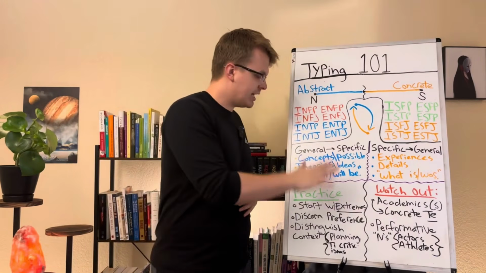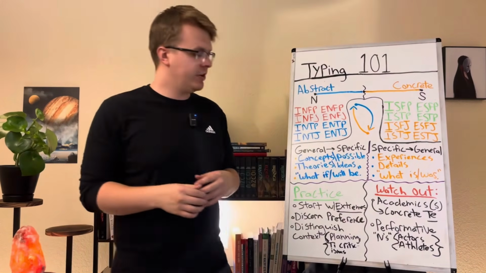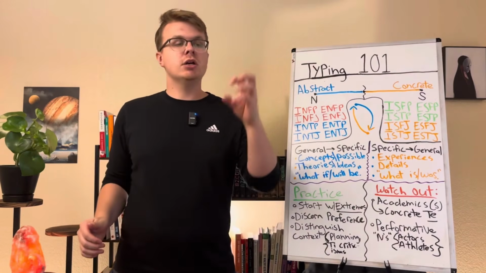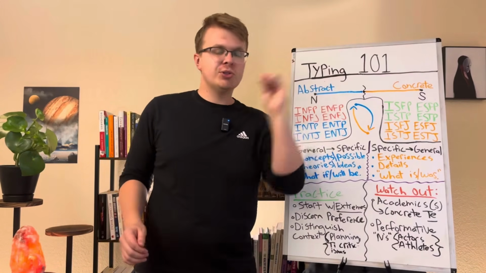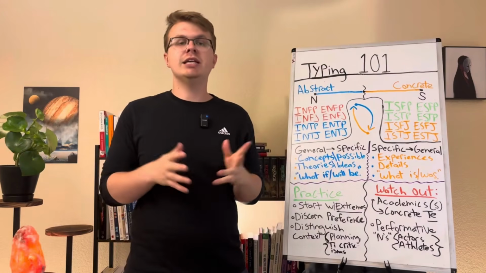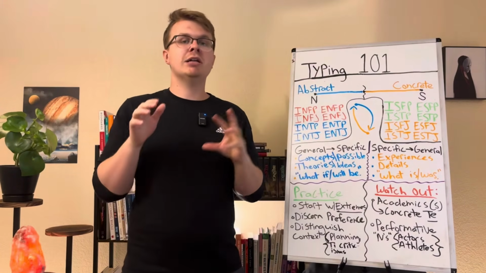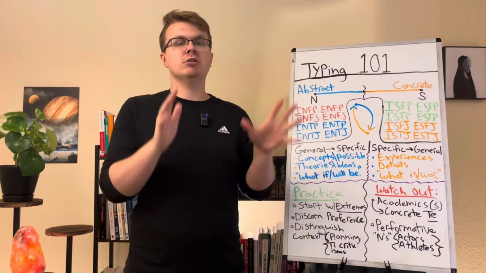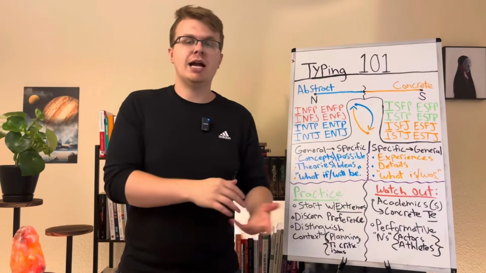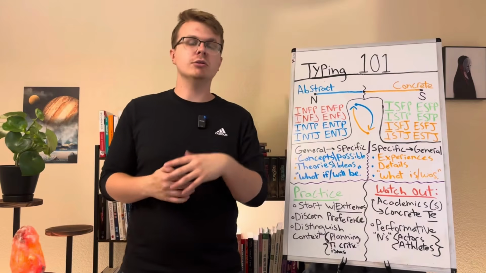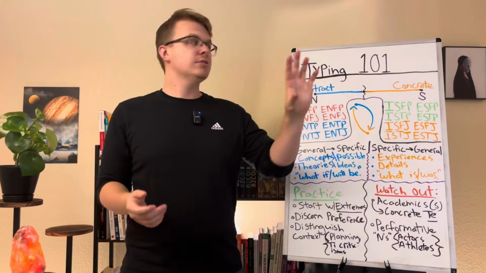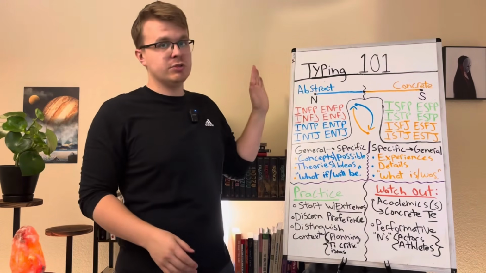And lastly, practicing. I said this in a previous typing video. Start with the extremes. Search out the most abstract person you can find. This might be like an Eastern philosopher, like an Eckhart Tolle or an Alan Watts, someone of that nature where you can see, okay, that person is obviously abstract. They are so abstract, so far removed from reality. They're definitely on the far end of the spectrum, right?